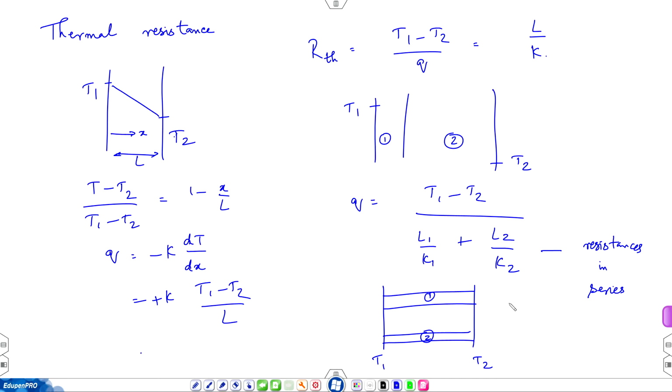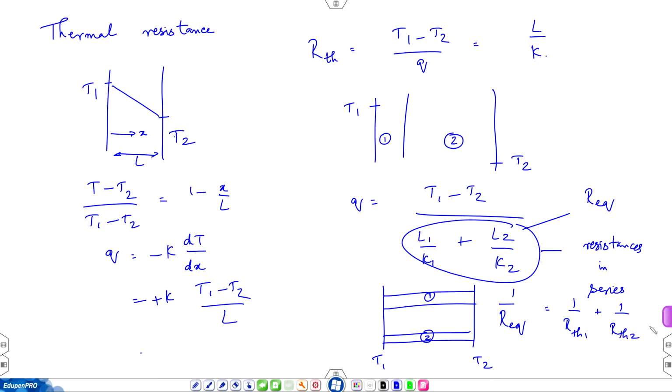You may call this the equivalent resistance, R equivalent. So, you will have 1 over R equivalent equal to 1 over R_TH1 plus 1 over R_TH2, and then the heat flux will be T1 minus T2 divided by R equivalent. That will be the total heat transferred from one side to the other.